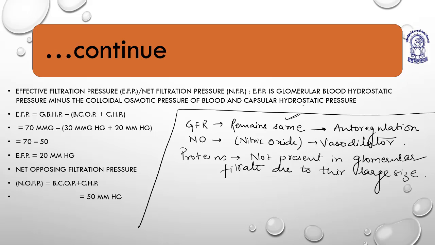Nitric oxide, NO, is a potent vasodilator. And the proteins responsible for blood colloidal osmotic pressure are not present in the glomerular filtrate, and do not pass through the slits, due to their large size.